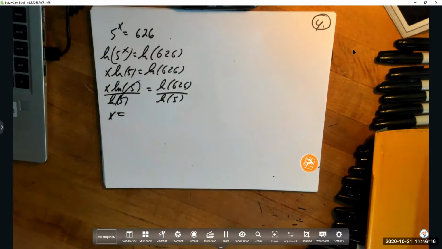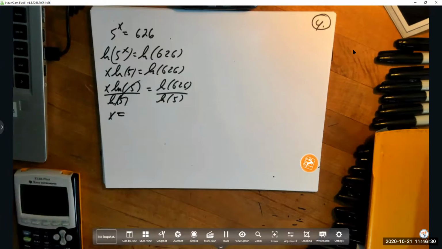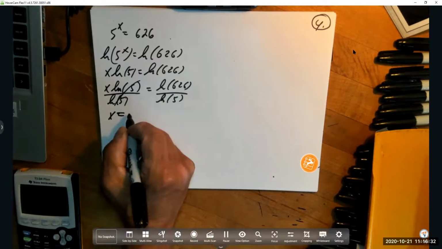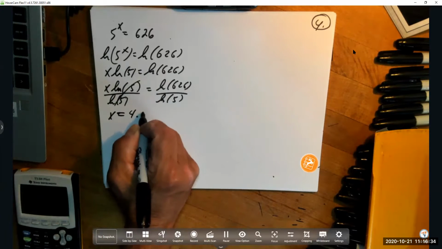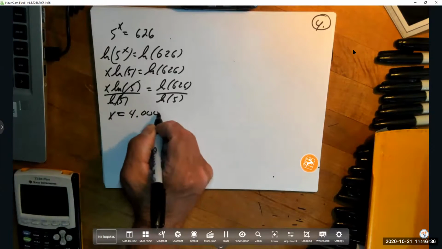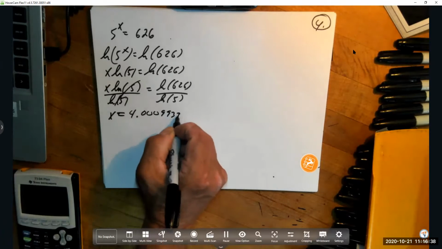Let's do it in a calculator. So I have ln 626 divided by ln 5. Okay. Give me your numbers. 4.000993341. All right.